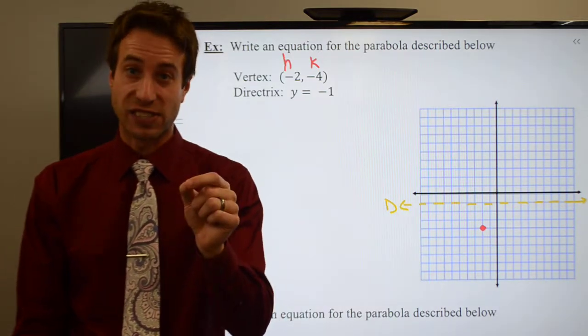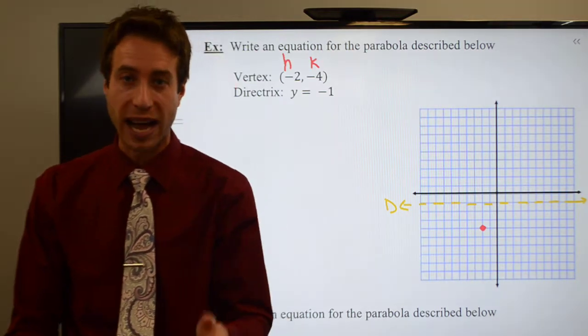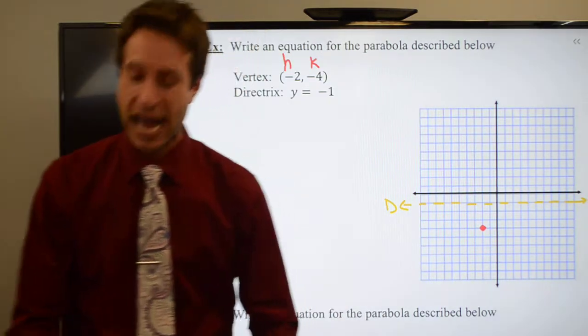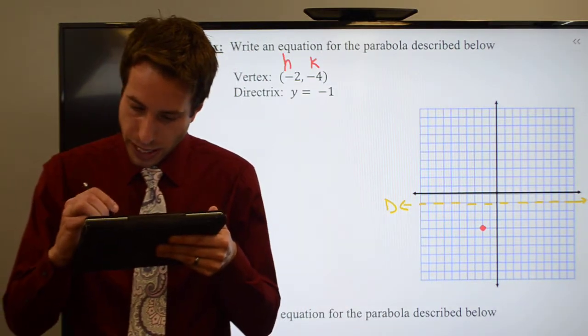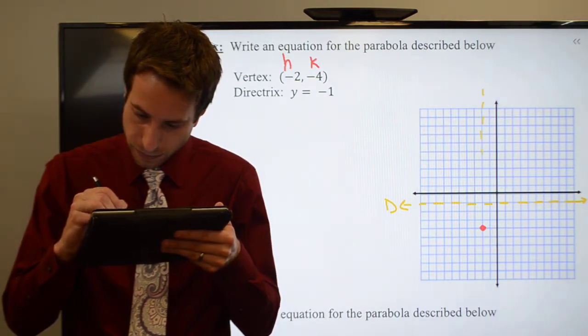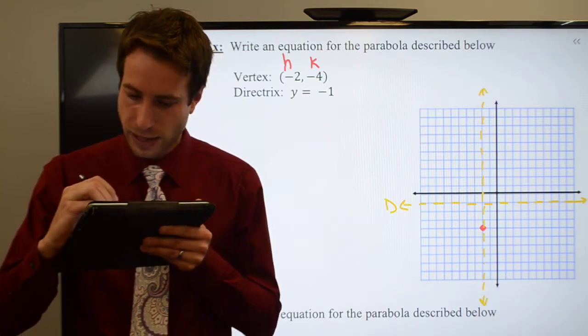My axis of symmetry splits my parabola right down the middle. So it's a vertical line that runs through the vertex. My axis of symmetry is going to run straight down through here. There's my axis of symmetry.